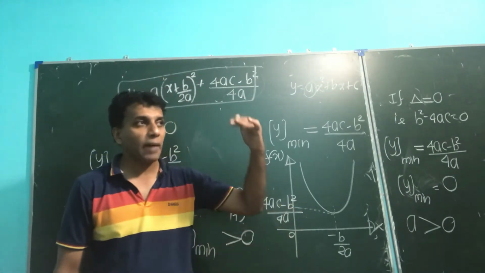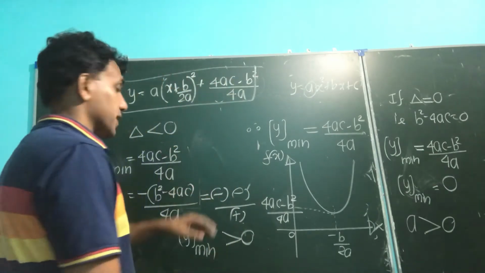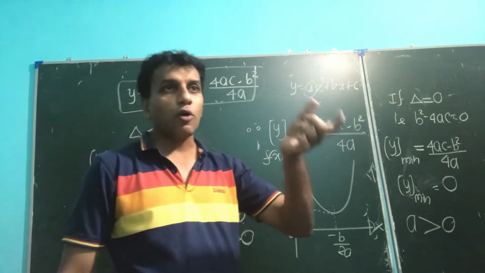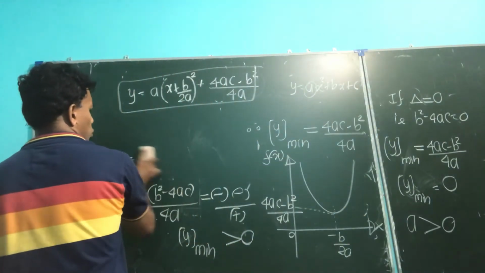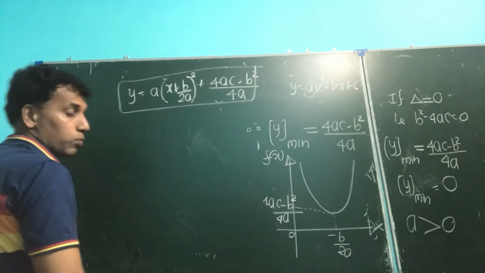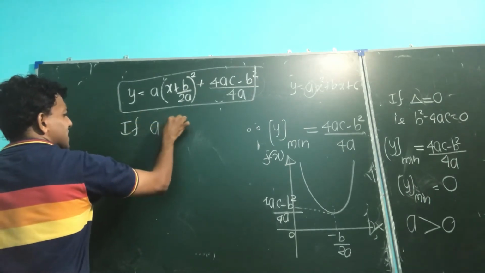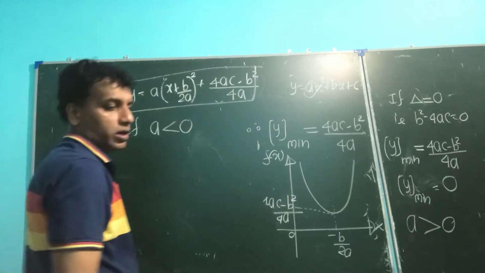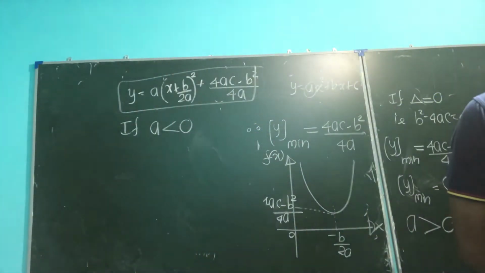Next we move to the maximum graphs. That is case 1 I told. Now write case 2. If a is less than 0, in front of x square there is a minus symbol.